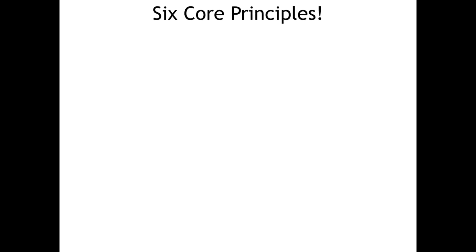So, what are the six core principles? Well, the good question we have to ask ourselves is, why are these core principles necessary to maintain democracy? Well, you can probably lop off a few of them, but then you don't have a fully functioning modern democracy.